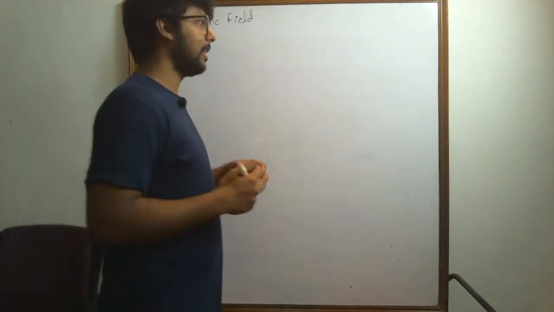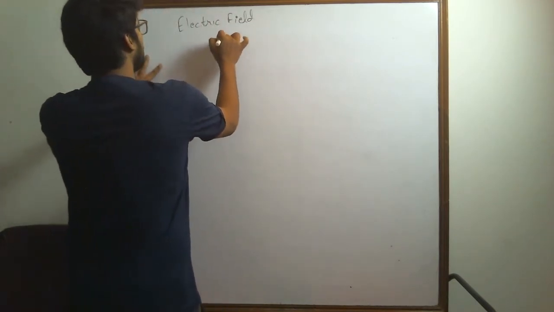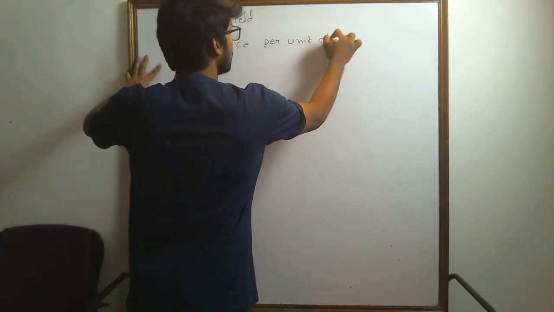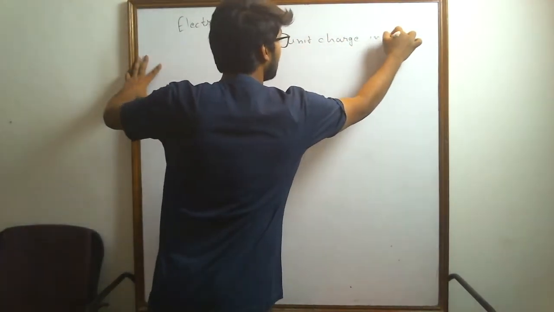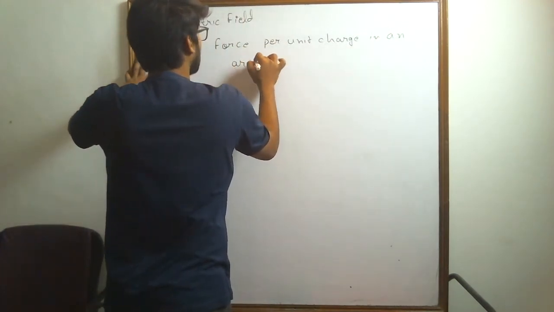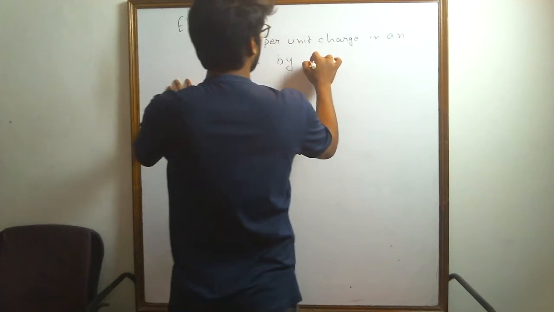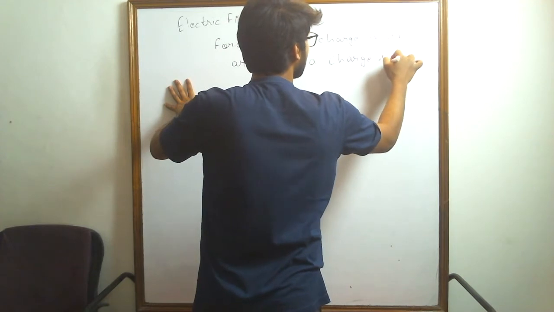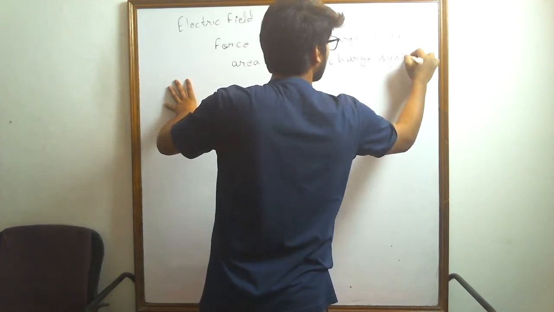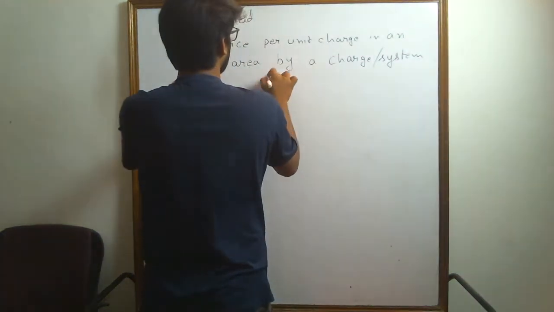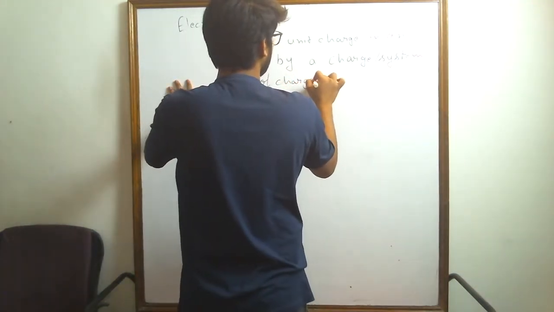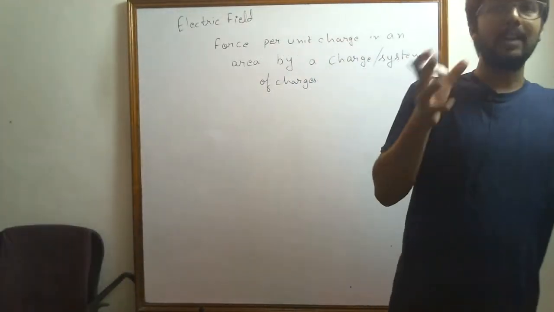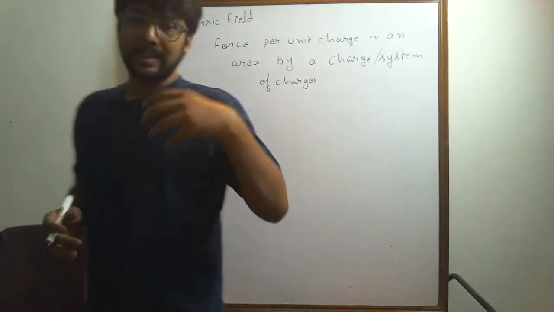So we define an electric field as force per unit charge in an area by a charge or system of charges. Right, because a field can be created by a single charge or maybe by multiple charges put together. So that is what an electric field is.